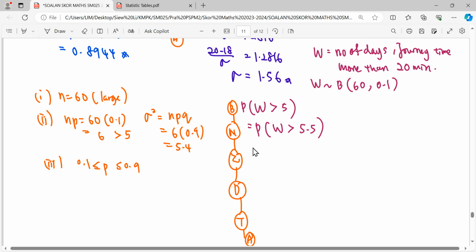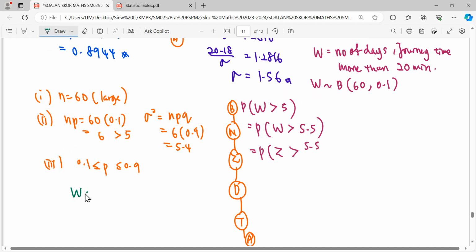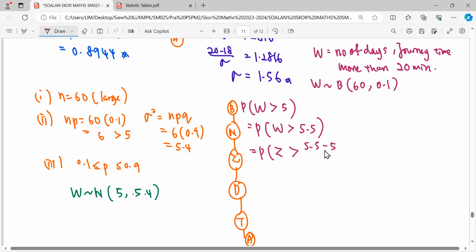Then we change it to Z-score, where the distribution W is distributed normal with mean 6, variance 5.4. So when you want to change to Z-score, minus mean over standard deviation, square root of 5.4.